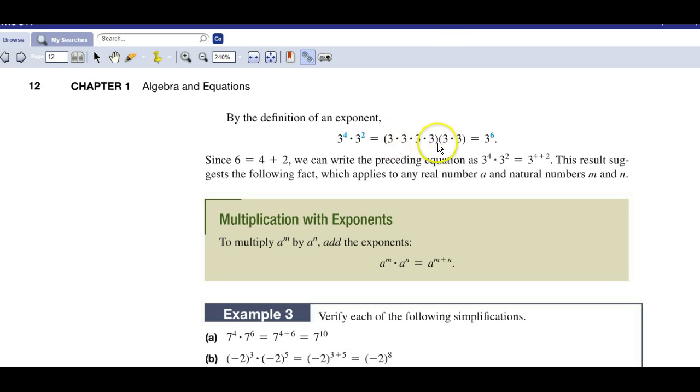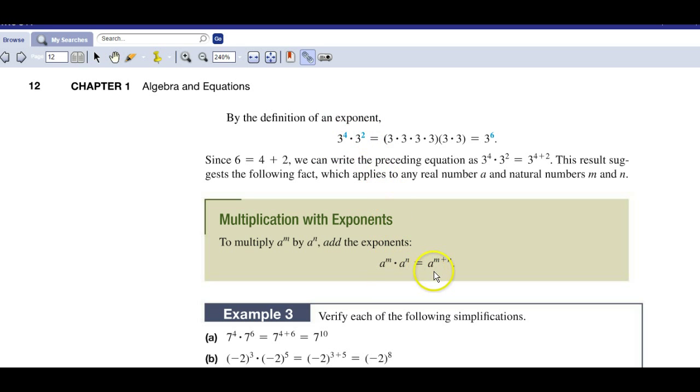And if you add them all up, you get 3 to the 6th power. There's 6 of them. So a shortcut, instead of writing it all out like this, is when the bases are the same, you just add your exponents.